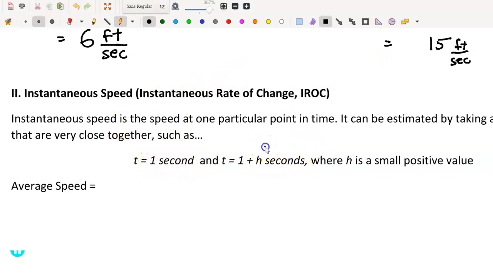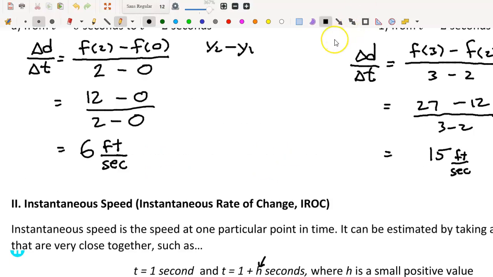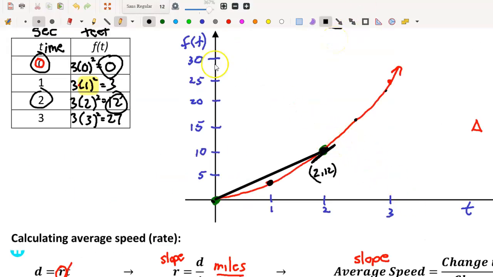That's where we introduce this concept. Let's say I zoomed in very, very close to right here, and I picked a point basically right next to it. So close it's not even visible. If I were to graph it right here, you couldn't even see the distance between them because it's so close.